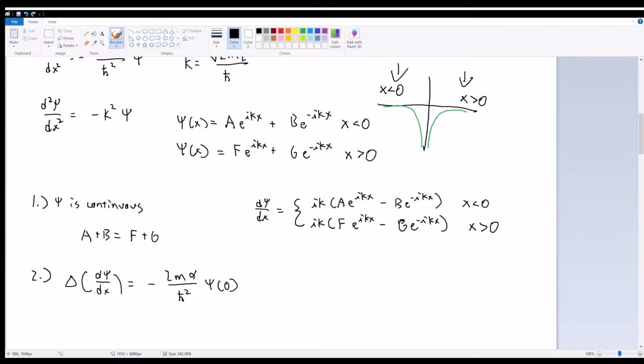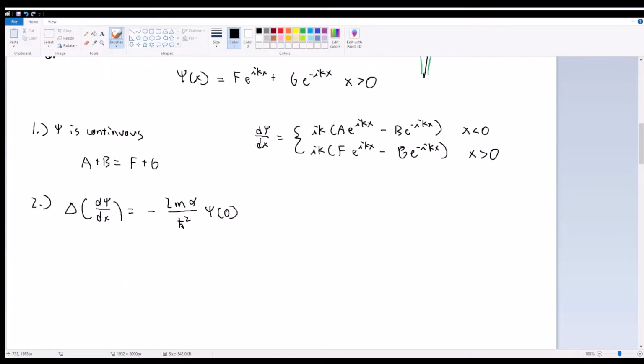What we want is the discontinuity in the derivative at our point where V is infinite, which is when x equals 0. So d psi by dx evaluated at x equals 0 gives us ik(A minus B) when x is less than 0, and ik(F minus G) when x is greater than 0. Then we just take this term and subtract the top term to get the difference.